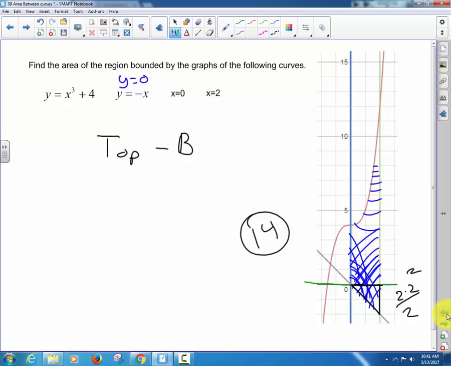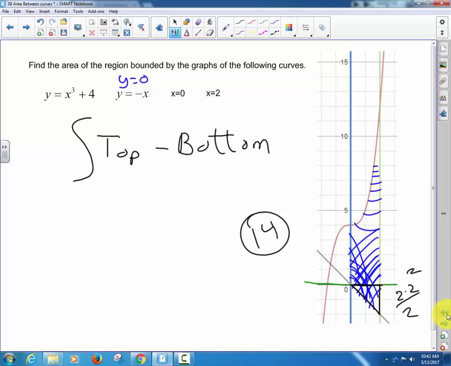Top minus bottom. Okay? Top minus bottom. We're going to integrate top minus bottom. Now, that's my own, you're not going to find that in any book. I just developed that over the last few years myself.